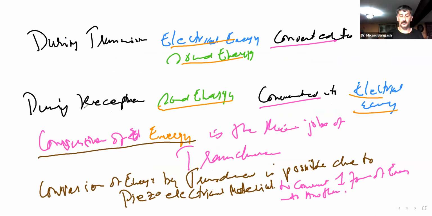And during reception, when that sound energy comes back to the transducer, it has to be converted back into electrical energy before it can be conducted back to the ultrasound system via the electrical wire.